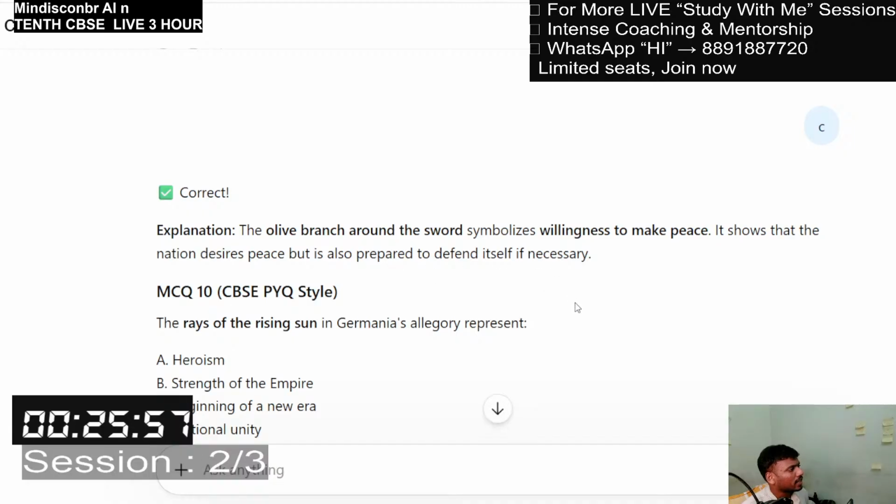The olive branch around the sword symbolizes willingness to make peace. It shows that the nation desires peace, but it's also prepared to defend itself if necessary.